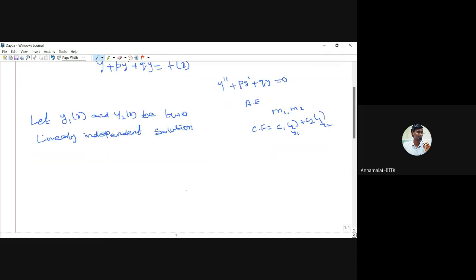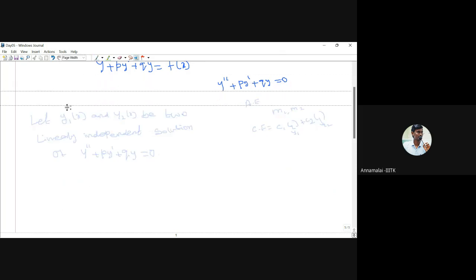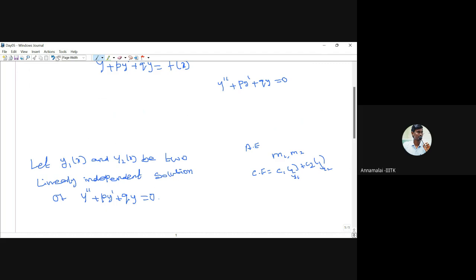We will define what the Wronskian of two functions is. Suppose y1 of x and y2 of x are solutions of the homogeneous equation. The Wronskian is defined only for solutions of the homogeneous equation y double dash plus p times y dash plus q times y equal to 0.